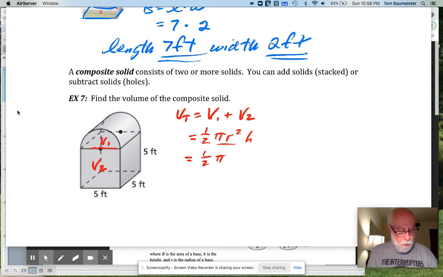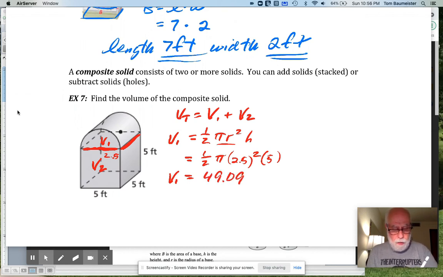Remember, the whole diameter there would be 5. So we know our radius would be 2.5. So I'm going to take times 2.5 squared times h, which our h is this one right here. So that would also be 5. So if I work that out, my V1 is equal to, I came up with 49.09 feet cubed.